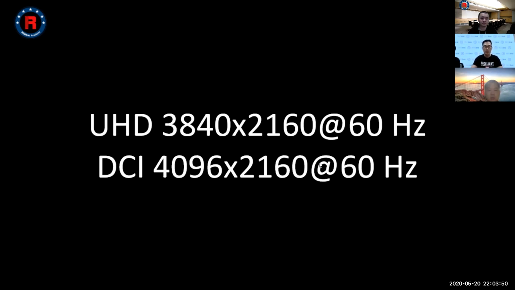And the second is DCI. It's made by digital cinemas and offers a 17 to 9 ratio to make sure everyone in the cinema, no matter where you sit, can see the whole display.